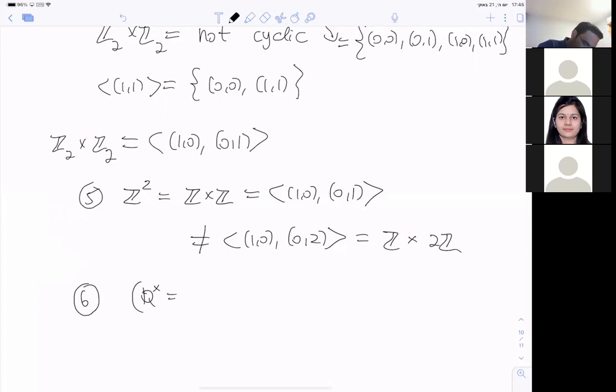So Q star will be Q without the 0, and you take it with the multiplication. Of course, it's a group, but it's not cyclic. Not only is it not cyclic, it's not finitely generated.